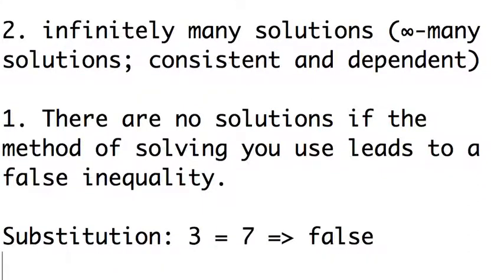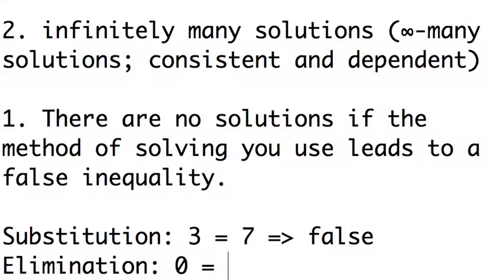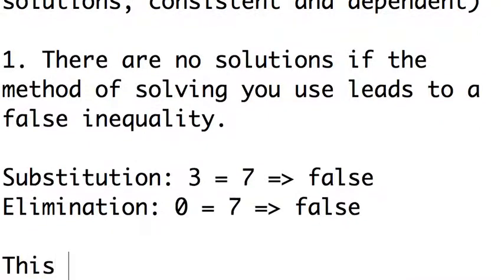When you use elimination by addition, generally you'll end up with something that looks like 0 is equal to some number, which again is false. With substitution, you might have just two different numbers, but in elimination, it's going to be 0 is equal to something non-zero. In any of these cases, this implies no solutions, as I say right up here.